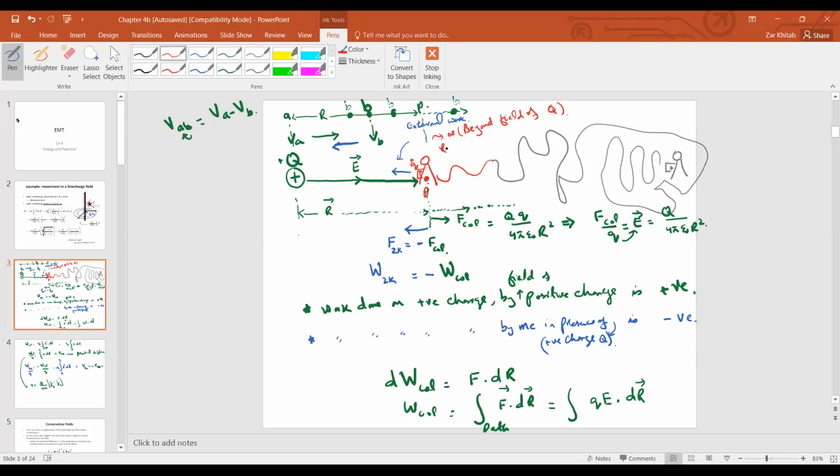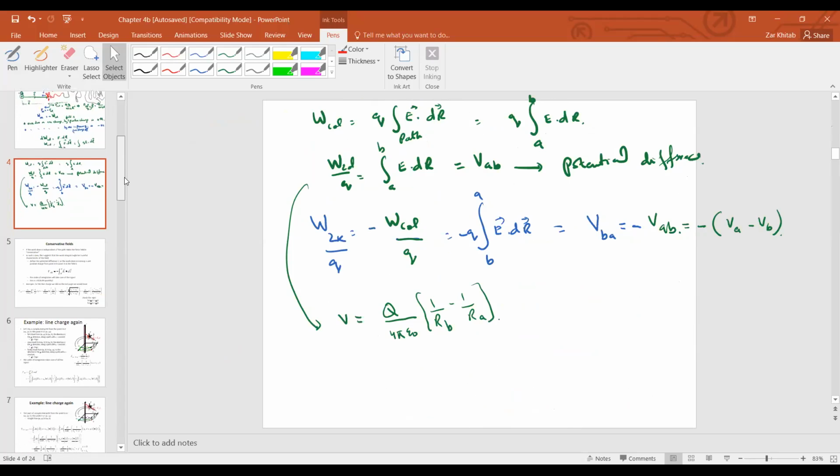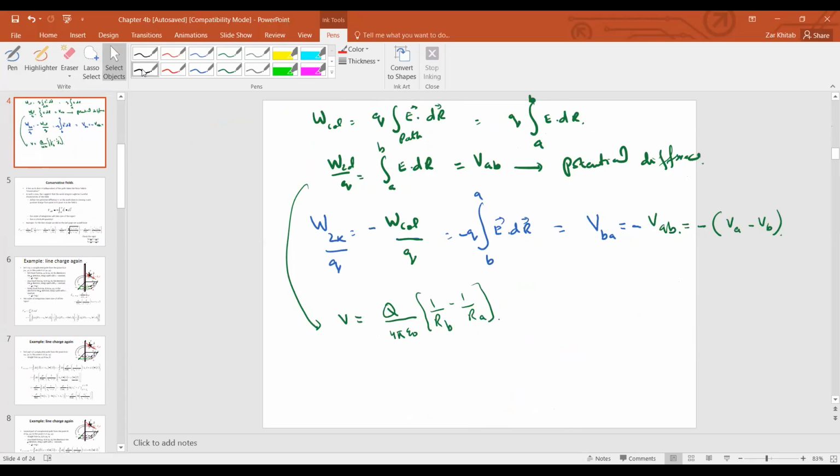So r tends to infinity beyond the field of Q charge. Okay, so if you put infinity in the equation, you end up on the absolute potential. Okay, so if one of the points is at infinity, you end up on the absolute potential definition. Okay, so now coming to the definition of the absolute potential.